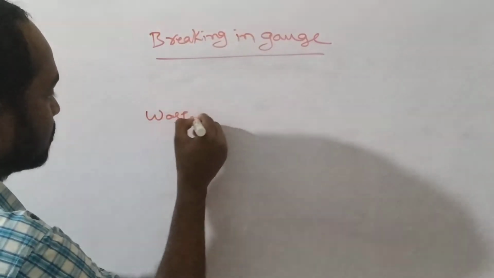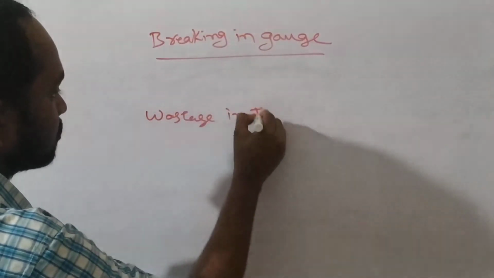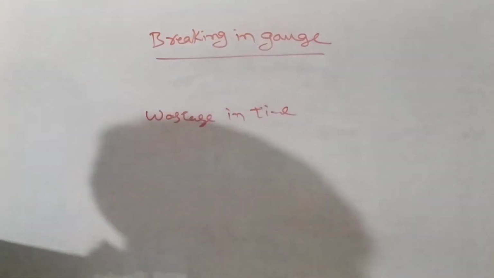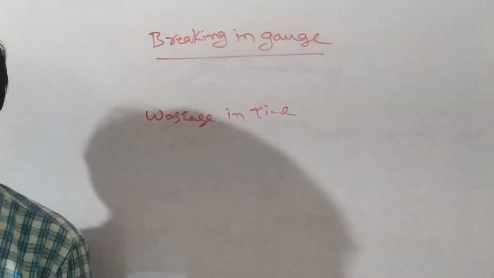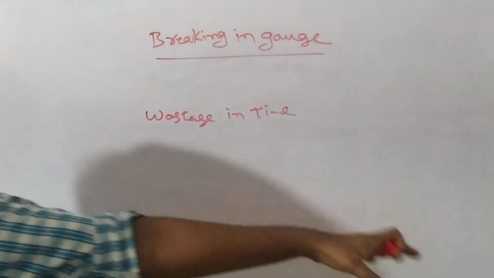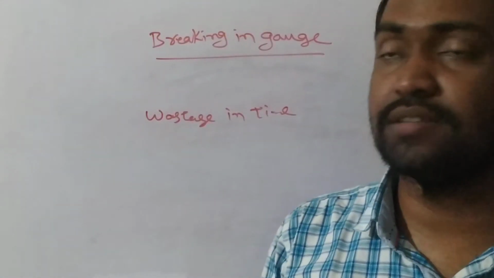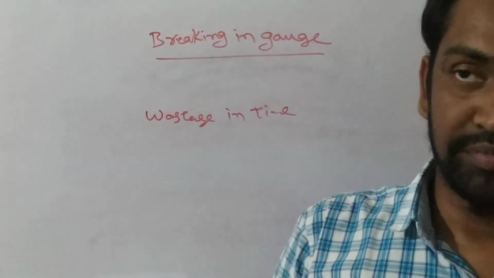So this is one of the major disadvantages of breaking in gauge. It also involves extra operational and maintenance cost, and needs extra skilled labor.